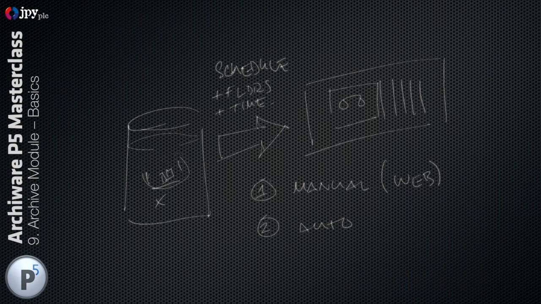Now the benefit of this is that we might create a folder within our main folder. So if we have our main share that users are writing work into, we can create a folder inside of there called archive or to be archived, and archive the contents of that folder each day.